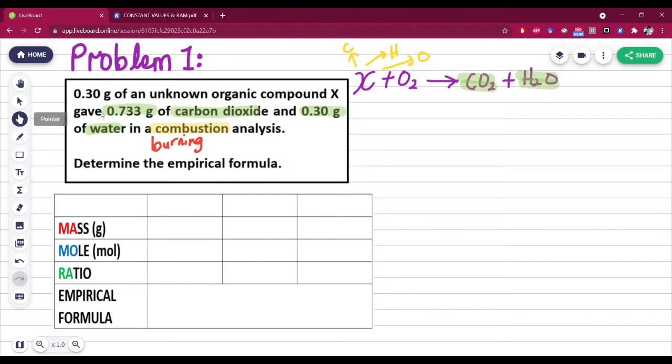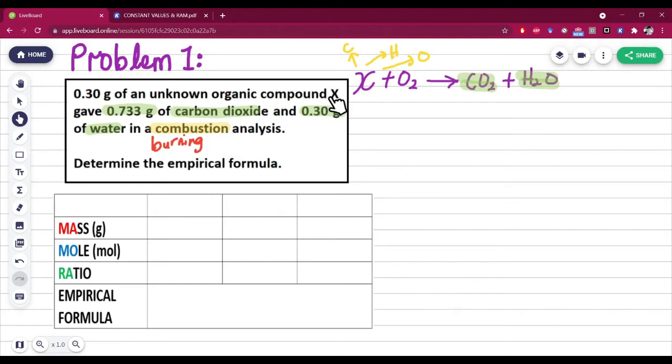When you burn X, this unknown organic compound, you have to involve oxygen. You must have oxygen if you want to burn something. Without oxygen, burning, combustion, will not happen.